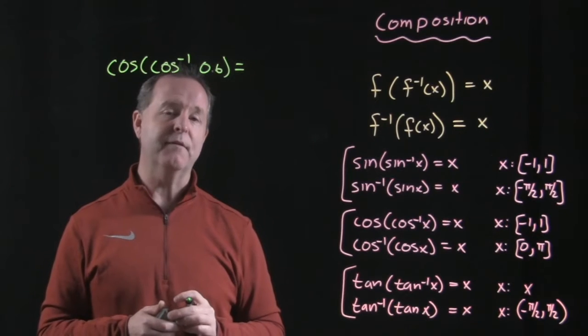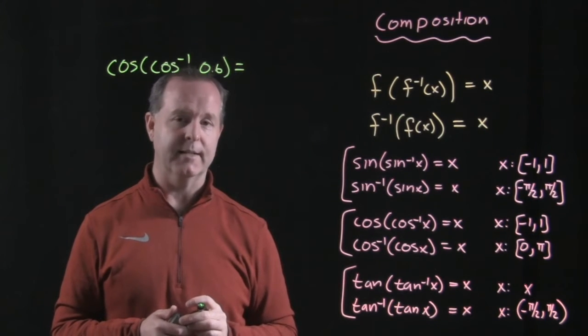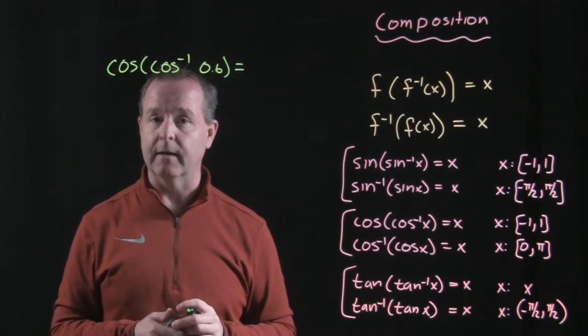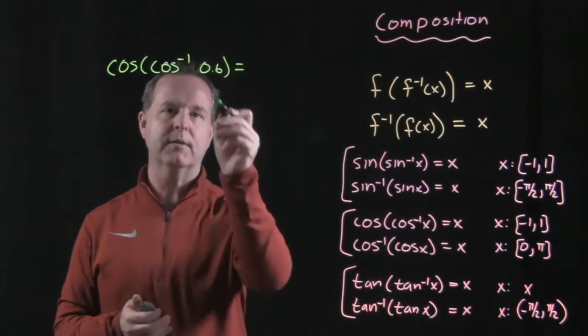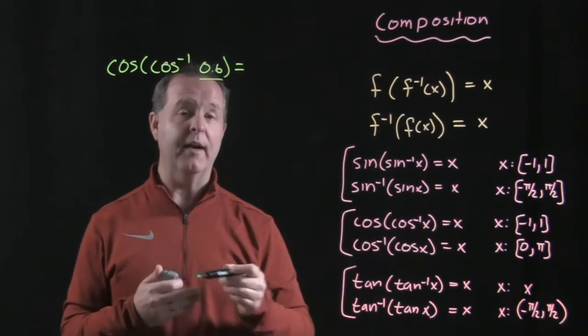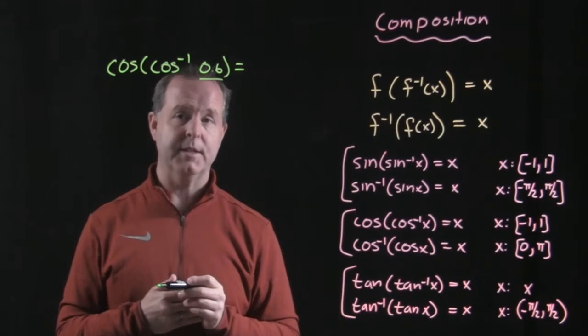The cosine of the inverse cosine of 0.6. What does that become? Can we use our inverse property here? Well, to begin with, we identify whether that value is within our interval for our cosine compositions.